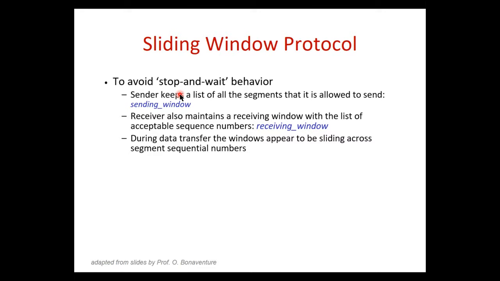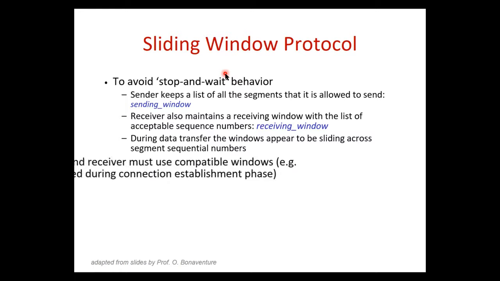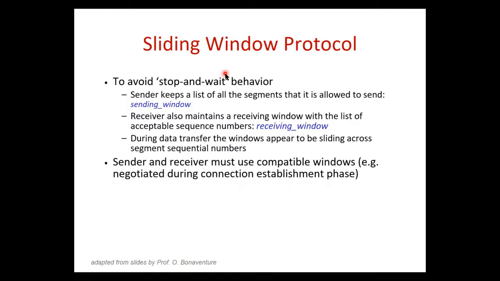And during the operation of a sliding window protocol, the window will appear to be sliding across the packets. Okay, so we'll see shortly some examples. And that is why it is called sliding window protocol. Another thing is the sender and the receiver must have compatible windows.